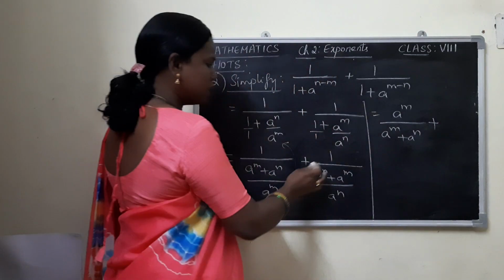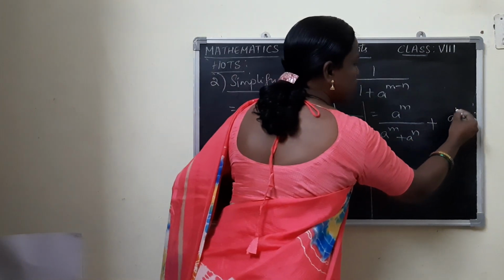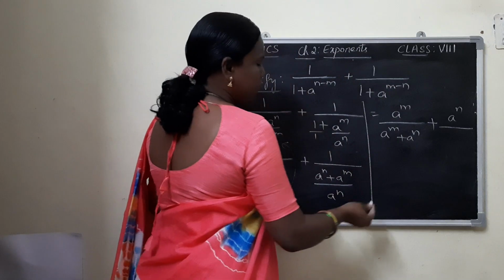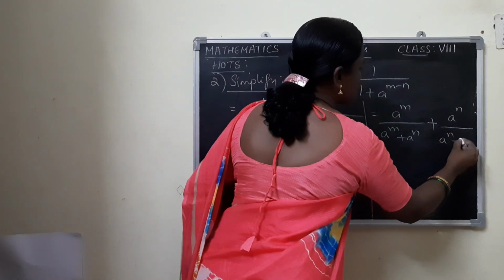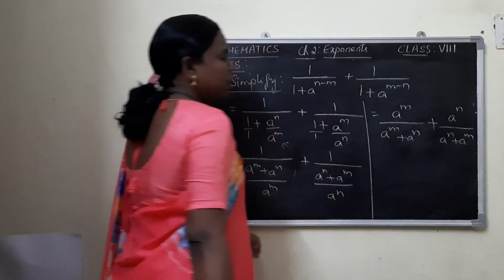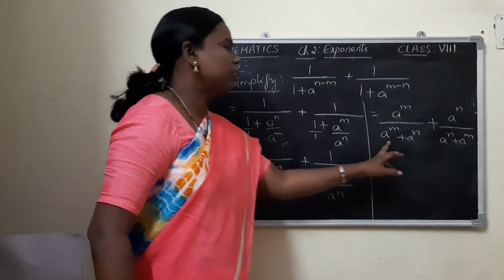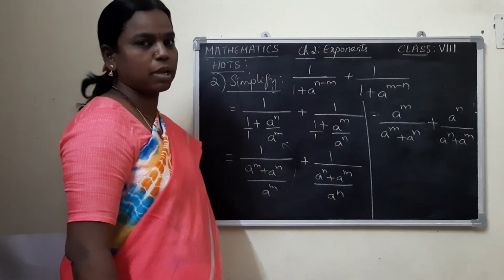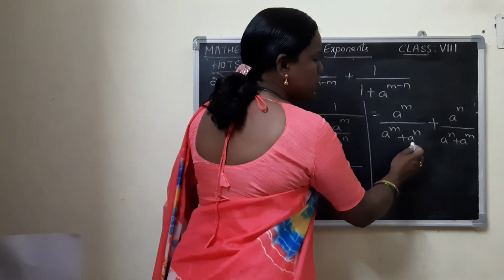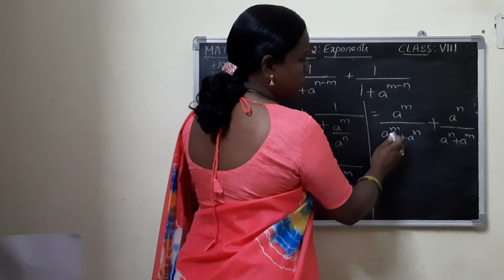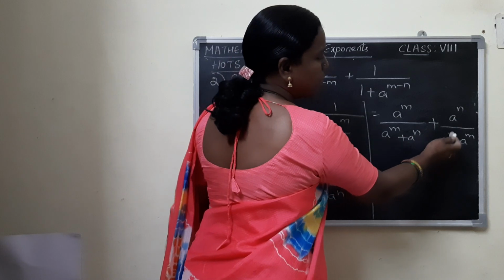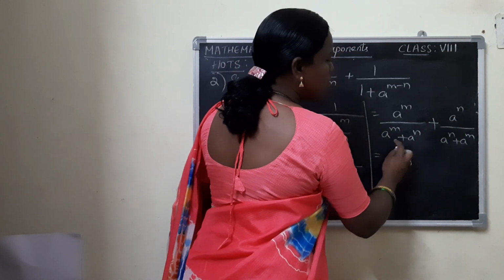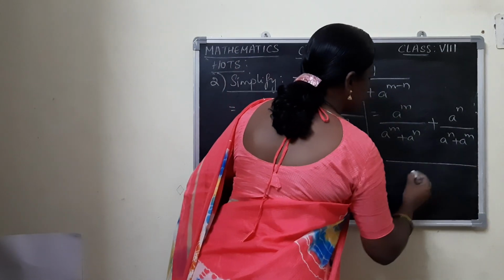Same way, plus a power n will go to the numerator, divided by a power n plus a power m. Now what are you observing? Very clearly you are observing that both the denominators have become the same. That is, a plus b is equal to b plus a. Same way a power m plus a power n is equal to a power n plus a power m. Which means what? The denominators are same.